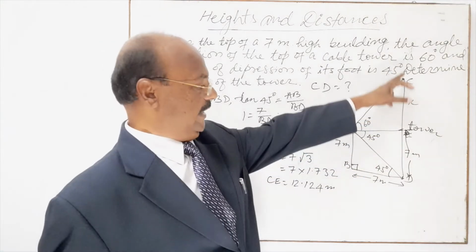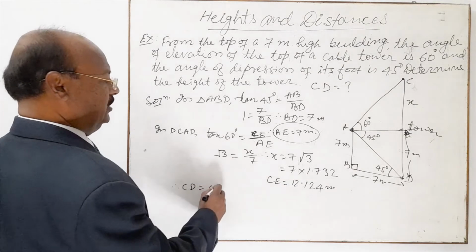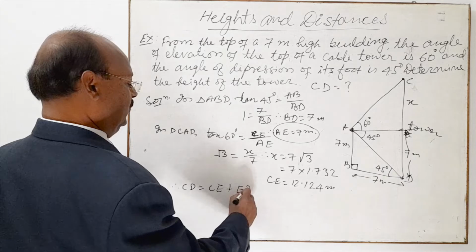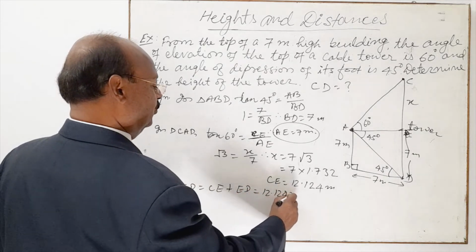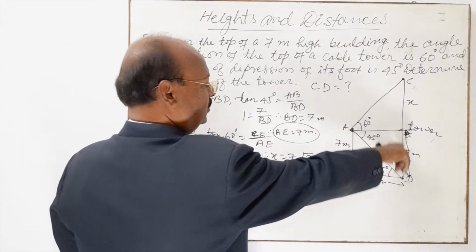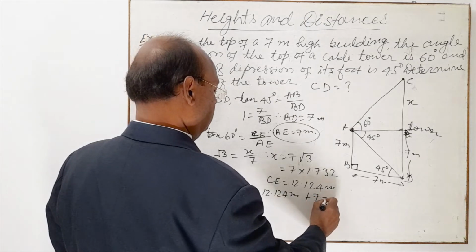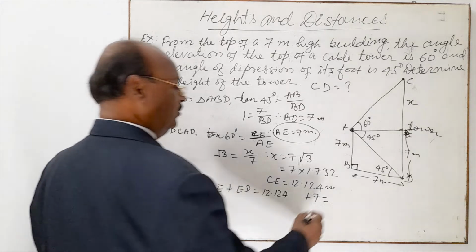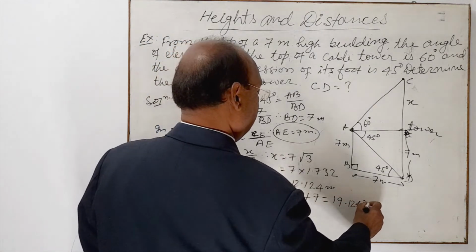Finally, we have to find out CD. Therefore, CD is equal to CE plus ED. And CE is 12.124 meter and plus ED is, you know, this is 7 meter. 7. So this is equal to, don't write meter here, 19.124 meter.